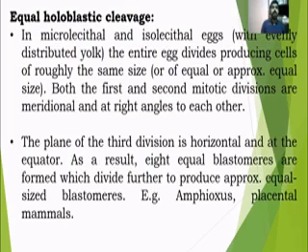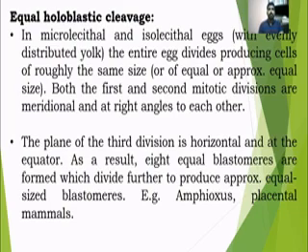So here in equal holoblastic cleavage, which depends on the type of the egg, means the amount of the yolk, it is very less in this equal holoblastic cleavage process. So distribution of the yolk is mostly important for this cleavage.